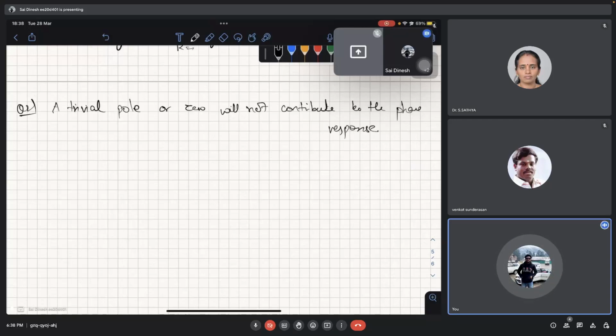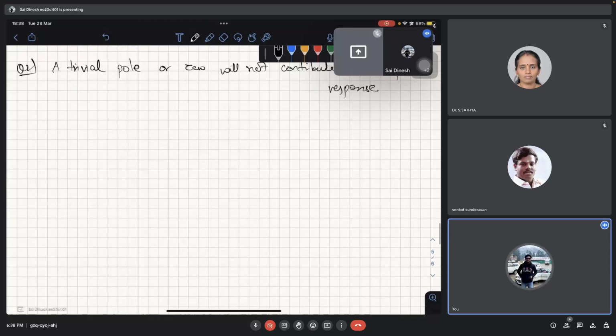Right, so in the previous class we have seen that trivial poles or zeros do not contribute to the magnitude response of the system. Now, is that true with the phase response? That is what we need to see, right? Is that true or false? As we have seen earlier, consider a single zero, right?